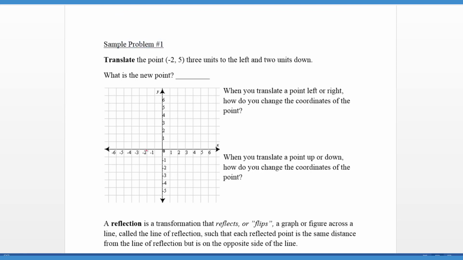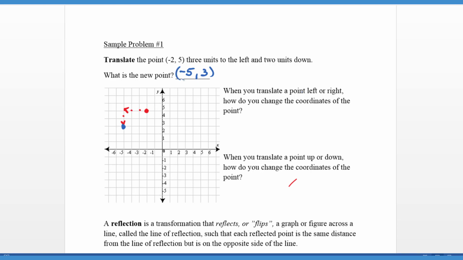Okay, so if I start with negative 2, positive 5, I start right here, and it says to translate it 3 units left. So I'm going to come over 3 units left, and then 2 units down to get my resulting new point. And so my resulting point is now negative 5, positive 3.